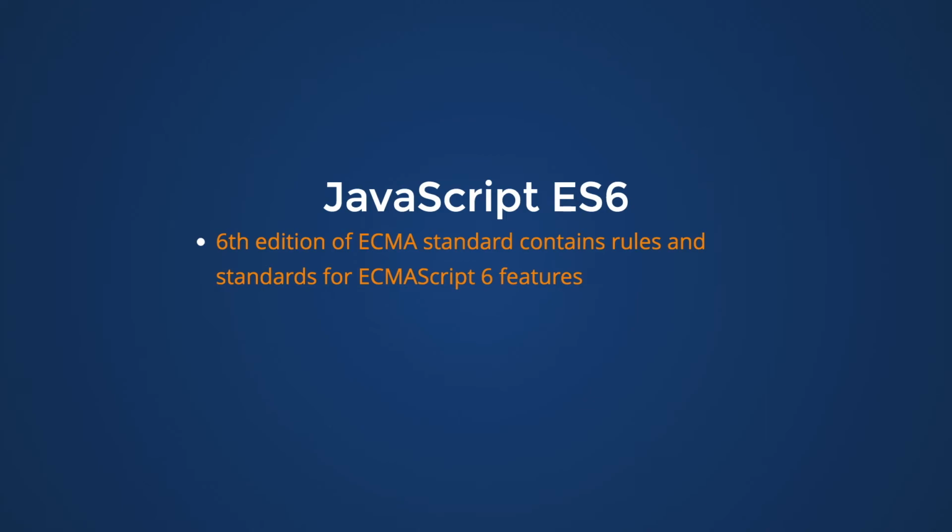Okay. And JavaScript is the implementation, JavaScript implements those 6th edition features. So that's what we mean when we say JavaScript ES6. I know it's kind of two things mashed into one. It's really JavaScript's implementation of ECMAScript version 6 or 6th edition's features.